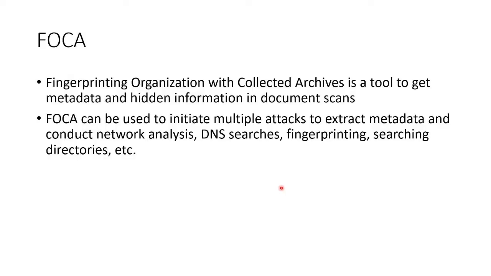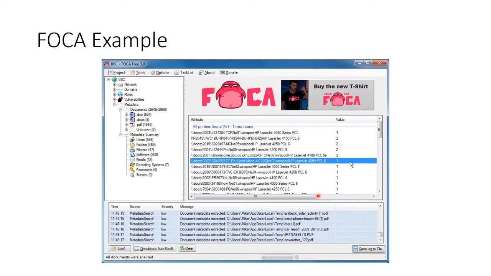It tries to get metadata and hidden information out of documents that are available on the internet. You can use that to do network analysis, DNS searches, fingerprinting, searching directories, etc. for different attack types.